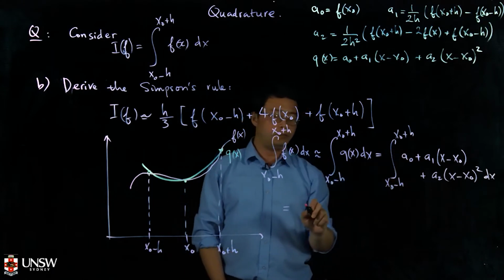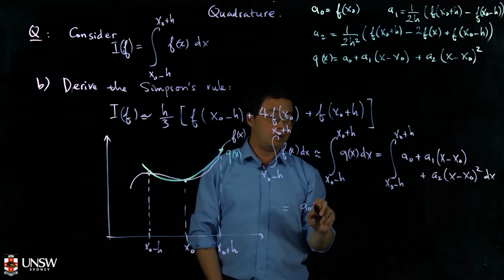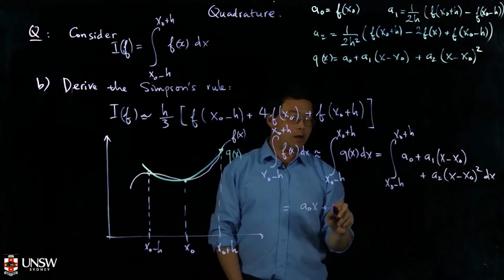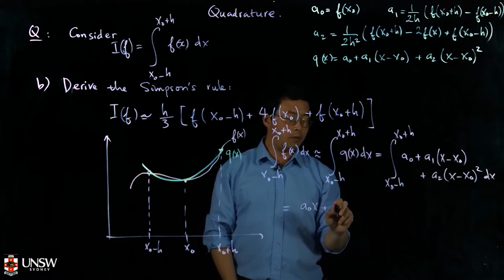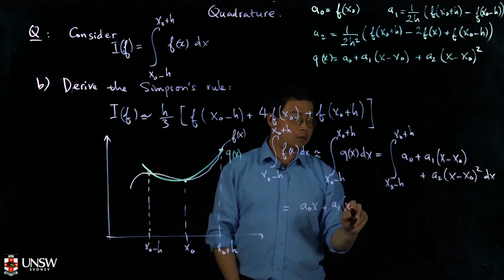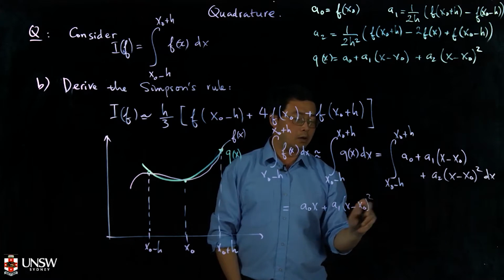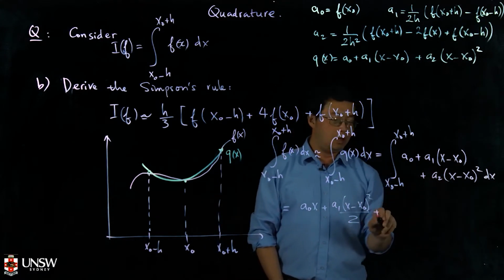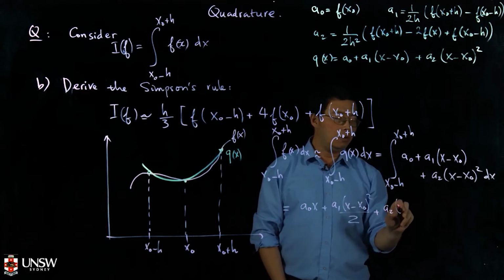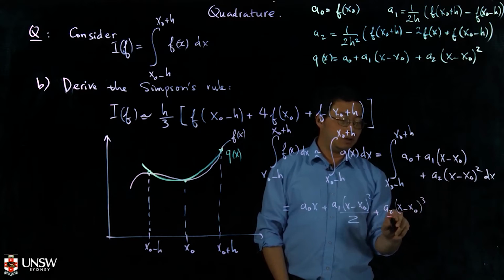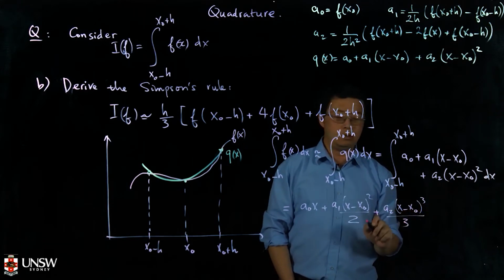So a0 becomes a0 x, and a1 (x minus x0) becomes a1 (x minus x0) squared divided by 2. And the last one will be a2 (x minus x0) cubed divided by 3.